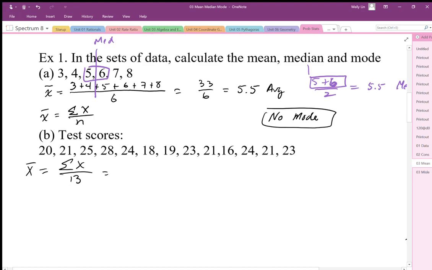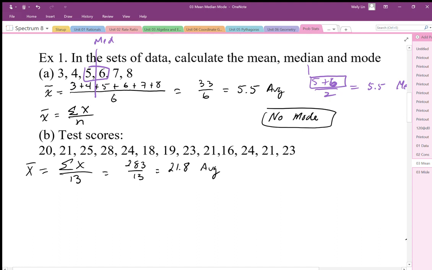So if we add up all these scores, the sum is going to be 283, over 13 is going to give us the mean. So the average score is 21 point, let's round that to 21.8. So that represents my average, or the mean.